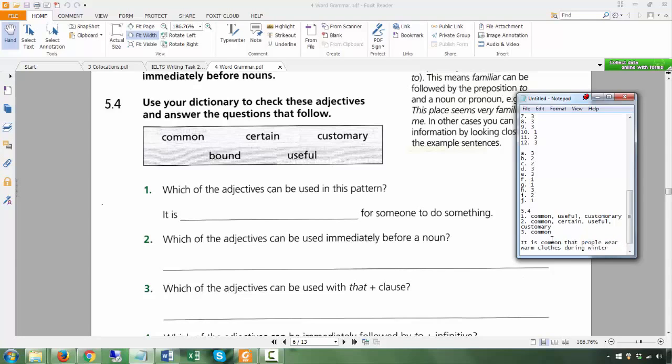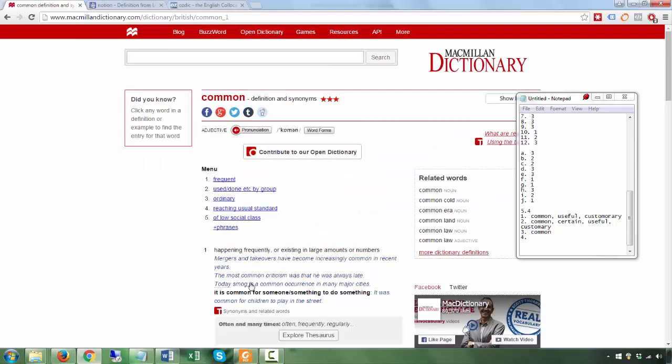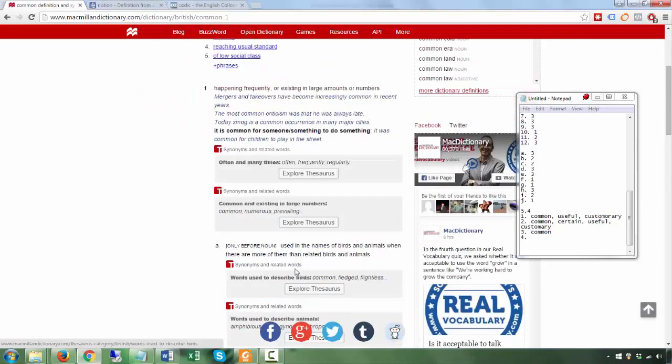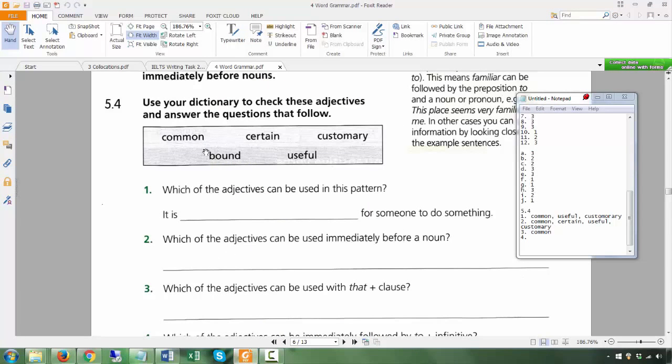Most students will say this is okay, that you can use common with the pattern of that, but actually that's wrong. The pattern for common, you don't have common that. You have the first pattern we mentioned just now, common for someone to do something. You don't have common that. So the only adjective here that can be used with that following it is certain. Okay.